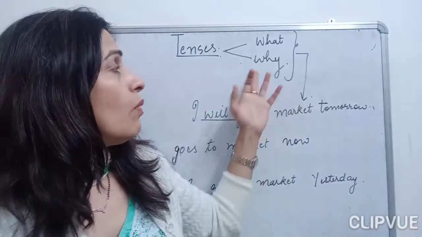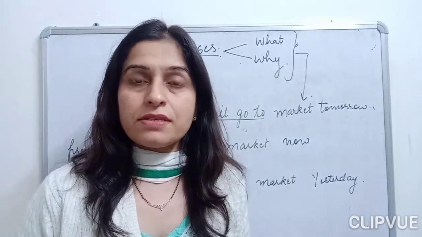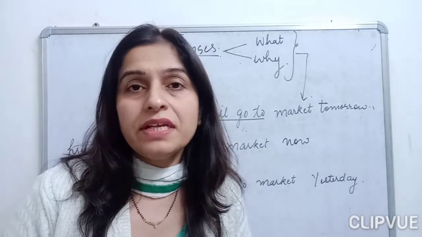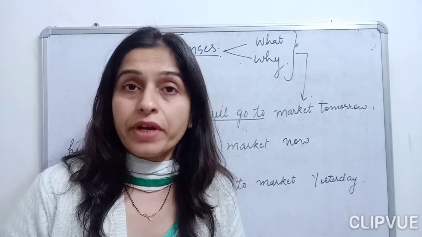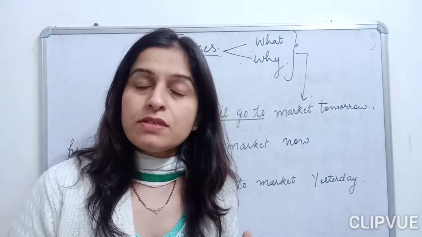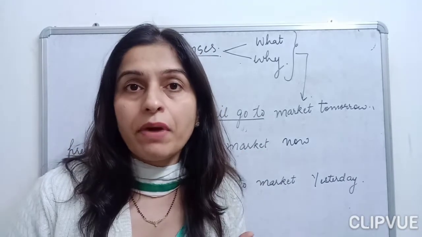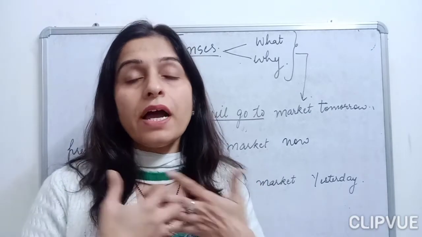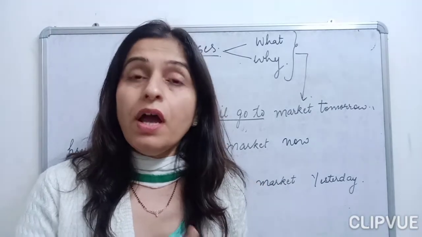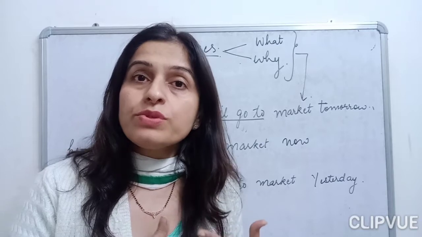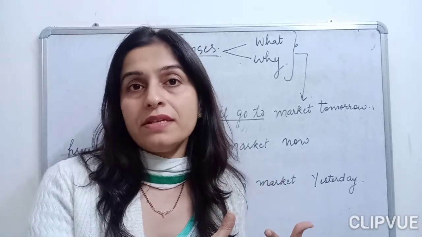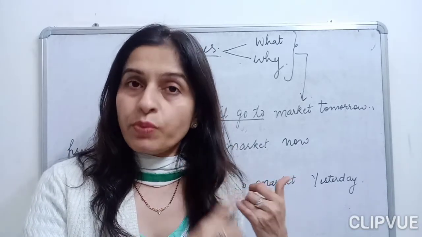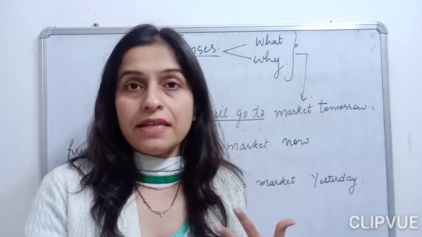Then why do we need to study the tenses? We need to study the tenses, children, so that we can frame proper sentences which we are thinking about. Suppose in my mind I am thinking about a work that I will be doing in the future, and I need to use it in a proper sentence using the correct verb as well as the correct tense.